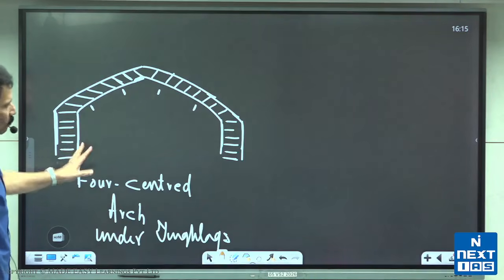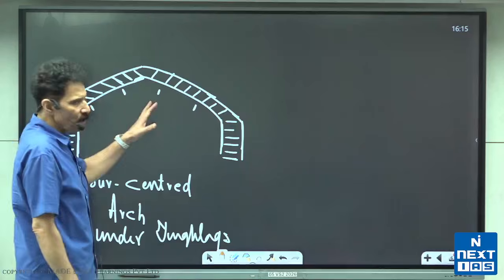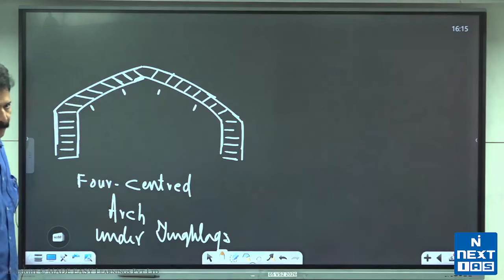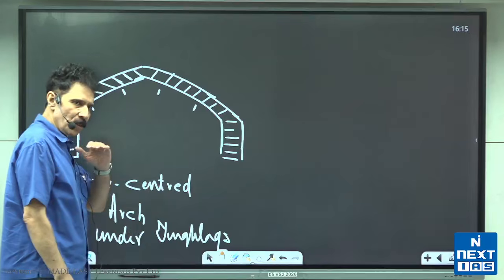And this became the norm. This became a feature of Mughal architecture also. So what began under the Tughlaqs became a general feature till the end.